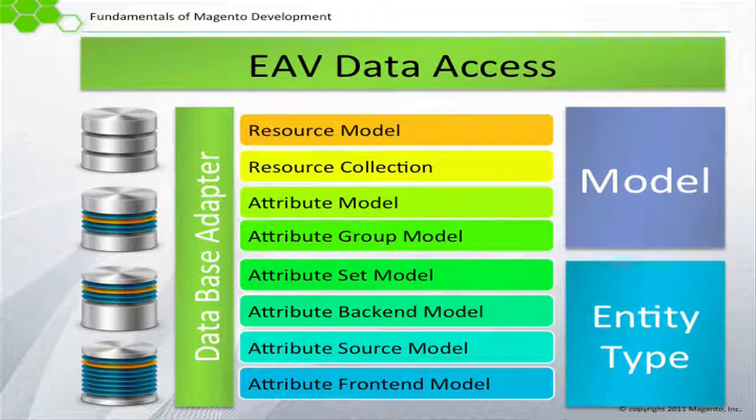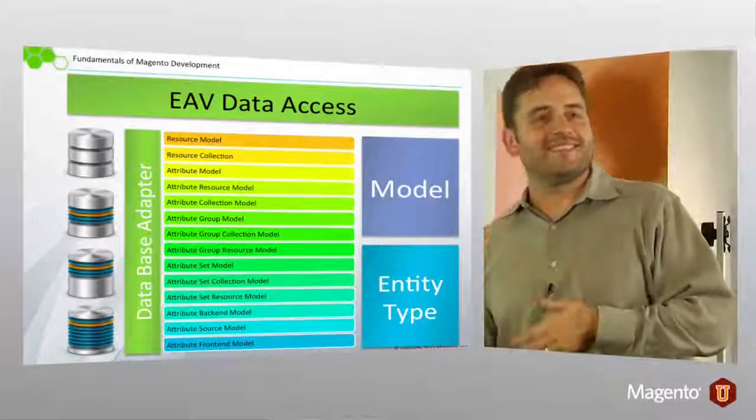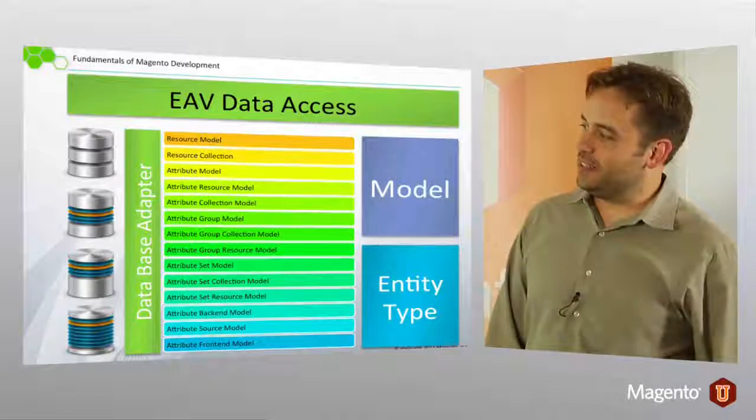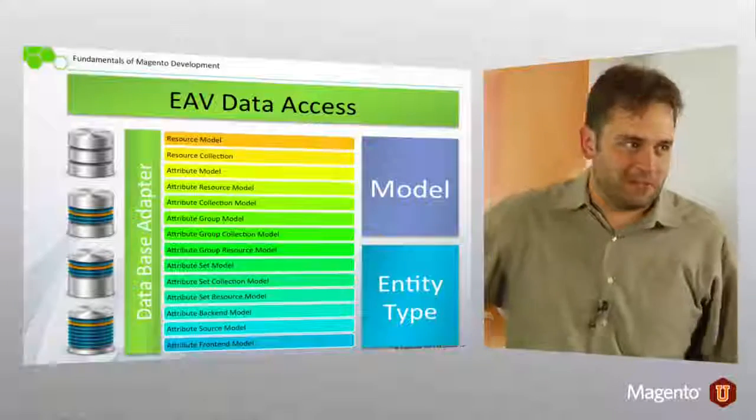And then we add backend models, source models, and front-end models for our attributes. And then, of course, because we have to access the groups and the sets, we need collections and resources. So it's pretty colorful in here, isn't it? The nice thing is that we don't really have to do much with this.